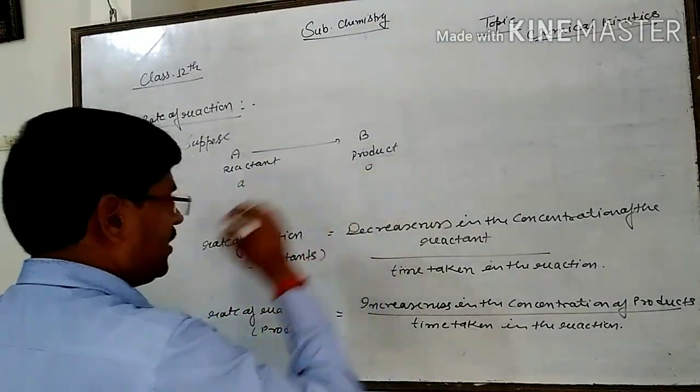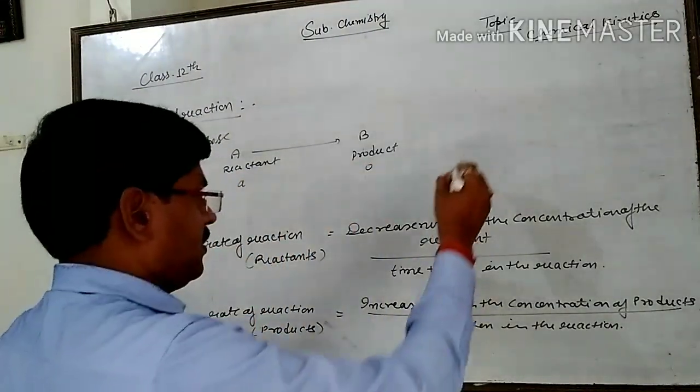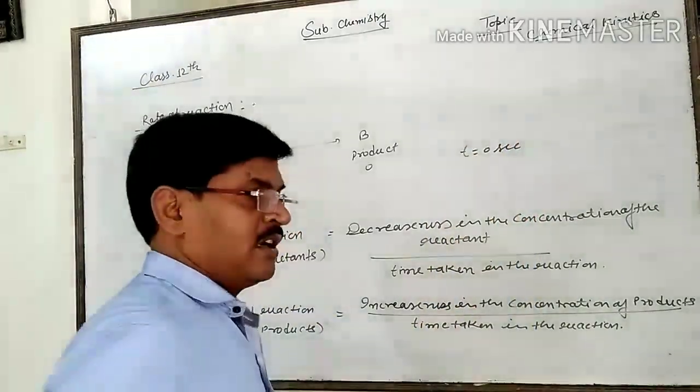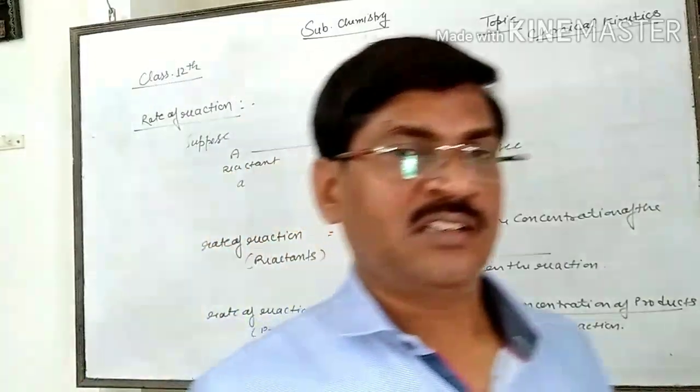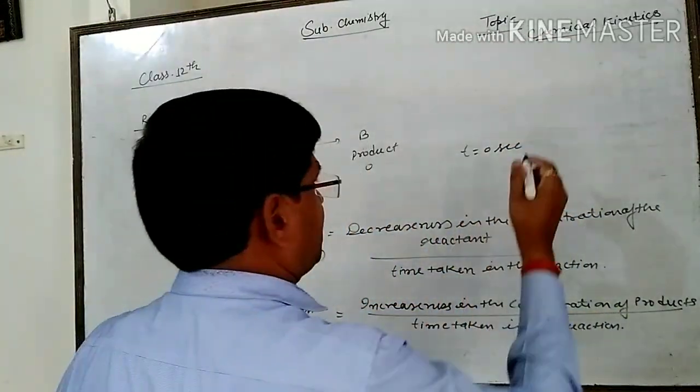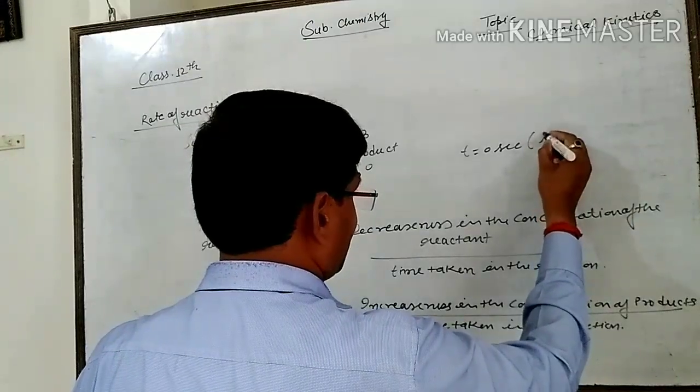But here the product will be 0 because t is 0 seconds. The reaction is not going to start, the reaction is not in continuation. So this is the initial concentration.